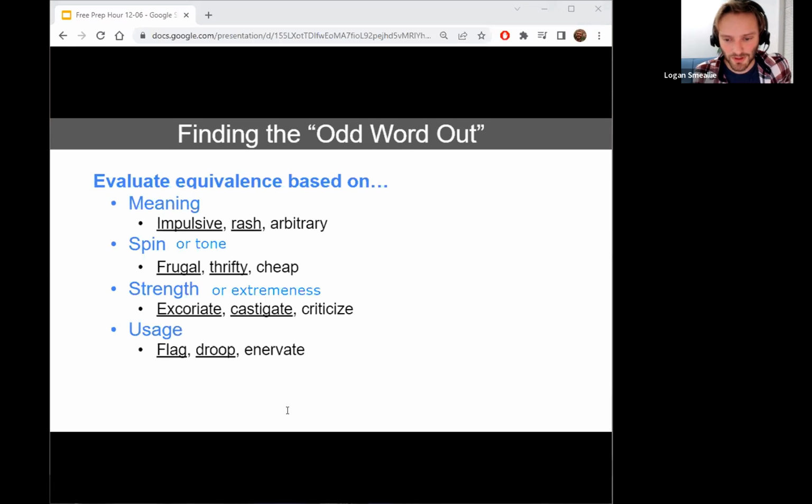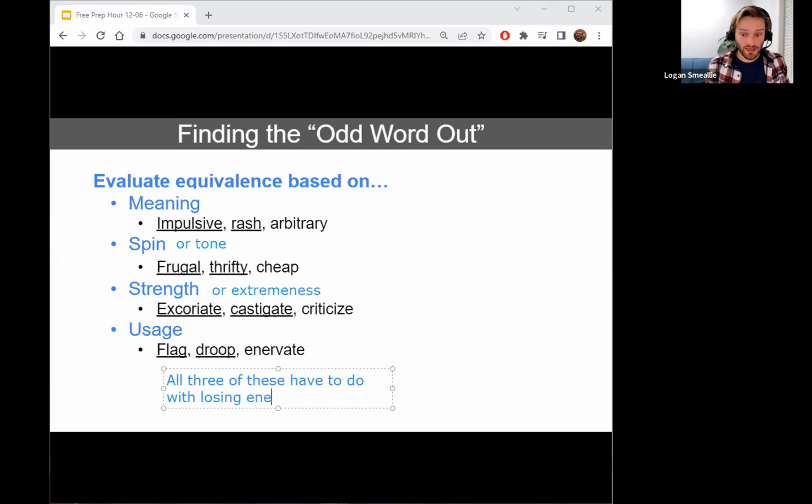Anybody know? No clue about droop. Yeah, exactly. I see it there in the chat. It's about to lose energy. All three of these have to do with losing energy.